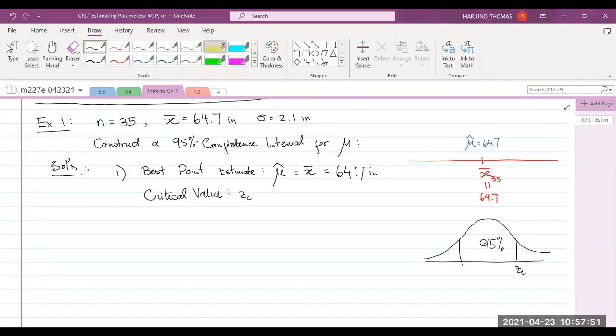Now, if 95% is the area in the middle, it means the remaining 5% that's missing from this 95% will be shared by two tails, and it implies each tail has area 2.5%.